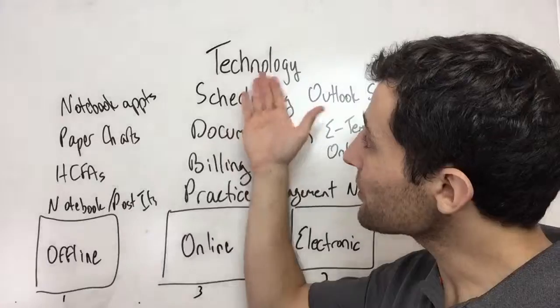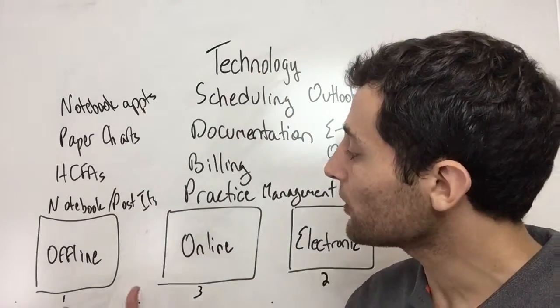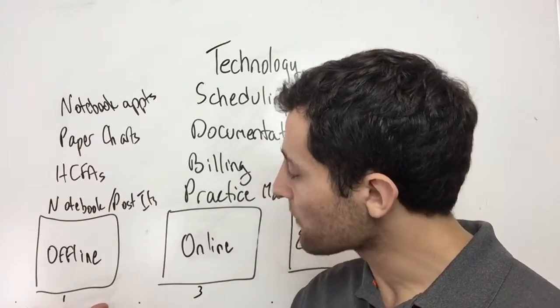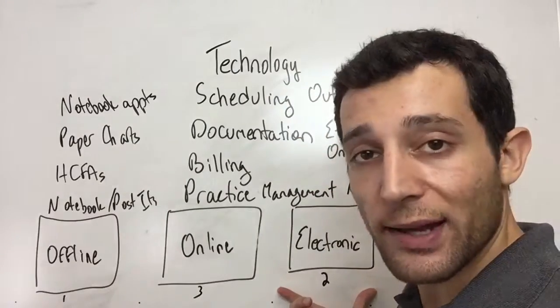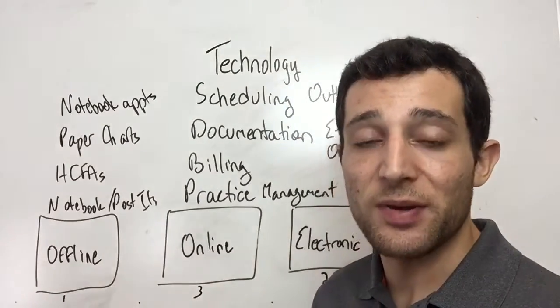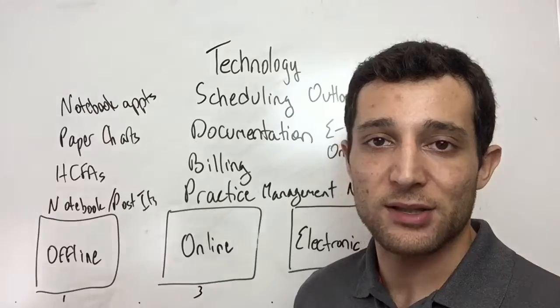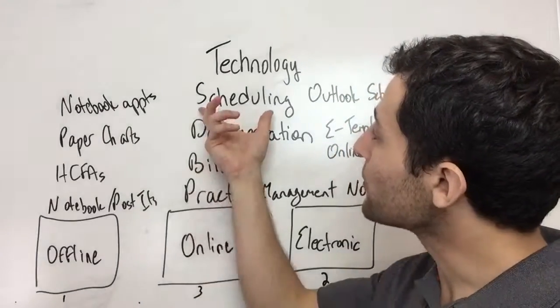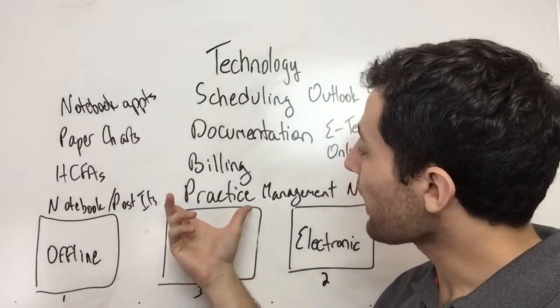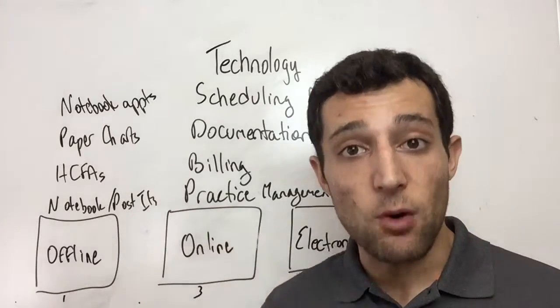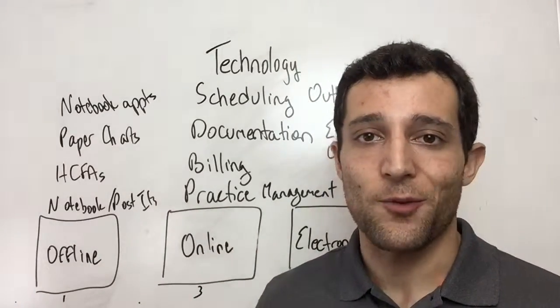So when it comes to choosing technology in your office, you're really looking at first generation offline, second generation electronic, and then third generation is going to be your online, your most modern technologies today, where you're able to bring all of these things together and have a practice management tool that does more than just reporting.